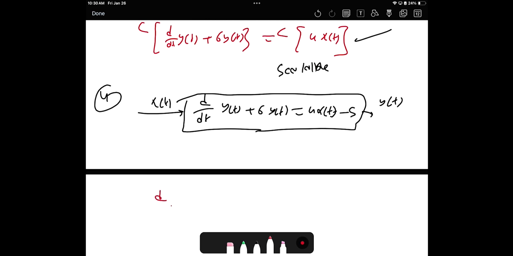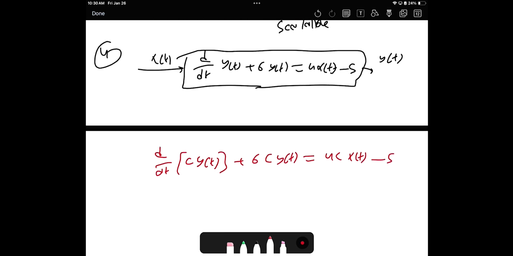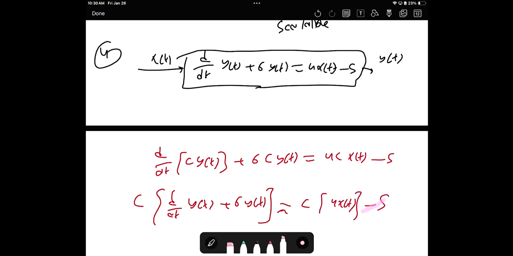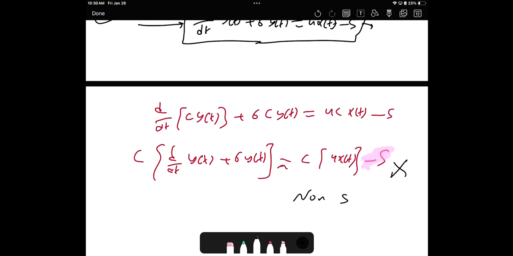So it will be d by dt c y of t plus 6c y of t equals 4c x of t minus 5. Now let's isolate c. C d by dt y of t plus 6 y of t. For this side is fine, but for the other side there is a problem. C 4x of t, we have negative 5. So negative 5 creates a problem, so it's non-scalable. Okay?